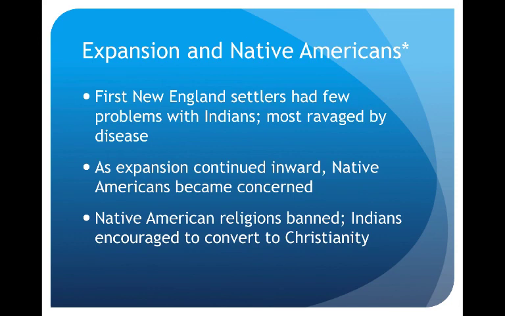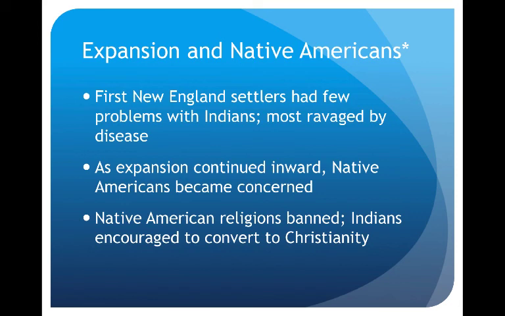Native Americans, New England settlers at first had few problems with them. Many Native Americans were wiped out by diseases. 90% of all New England's coastal Native Americans were killed by epidemics. However, as more settlers arrived and expansion continued inward, this began encroaching more and more on Native American lands.